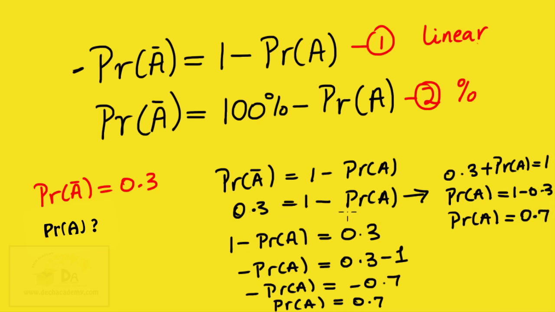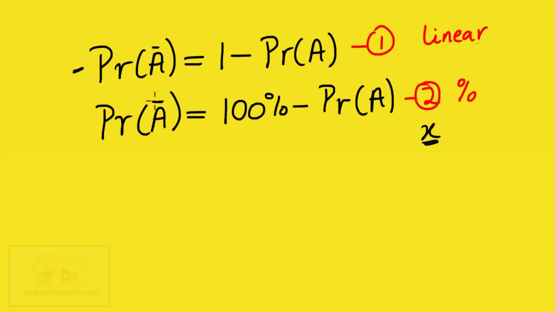So it's the same thing. All you have to do is make this term the subject of the formula. You just treat this term like you would treat the variable x. You can use this procedure to get 0.7, or the procedure before to get 0.7, the same result regardless of which method you use.